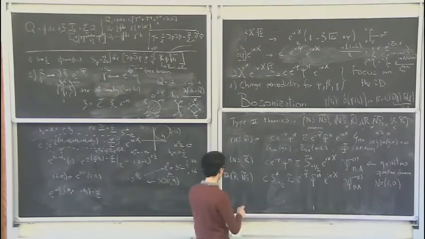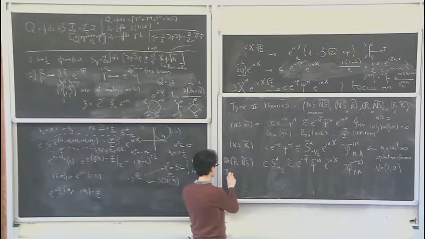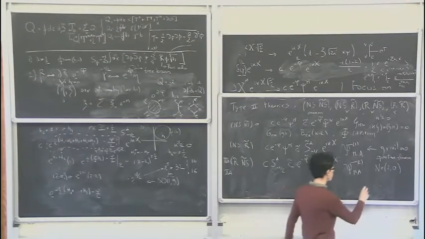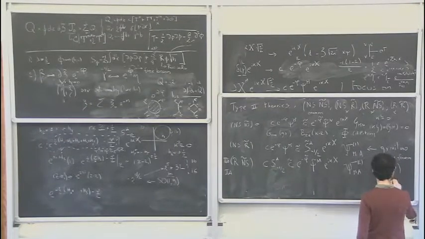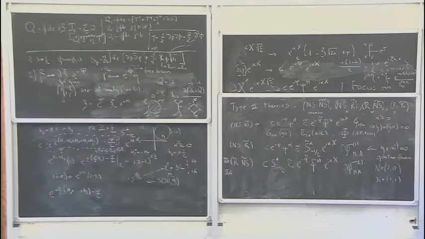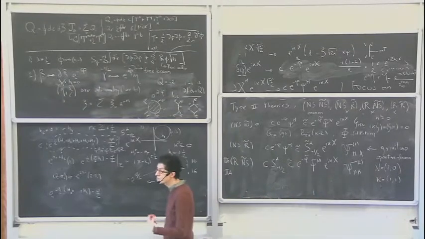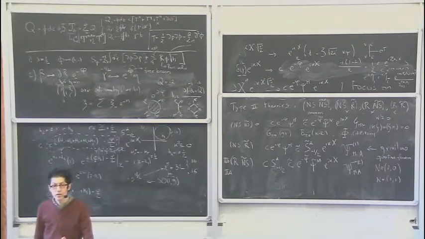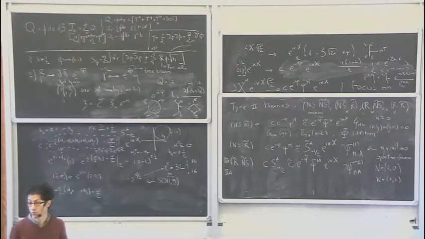What if you want to get type 2A, which people call N equals (1,1)? In that case, what you would need to do is to change the GSO projection, but only in the Ramond sector.